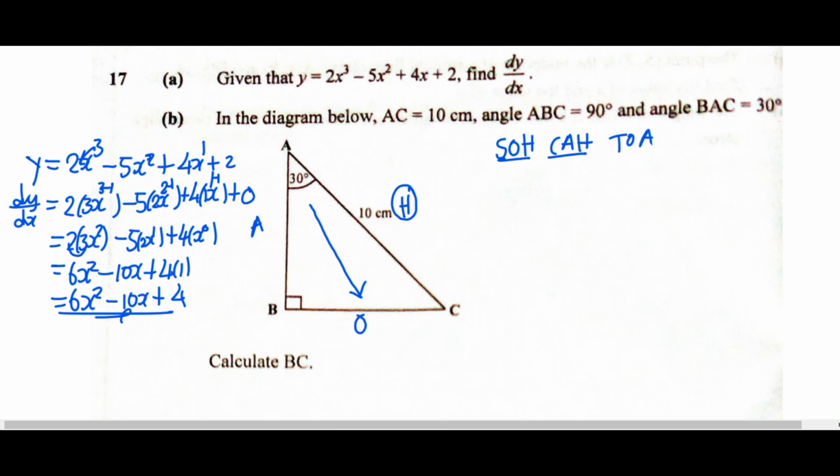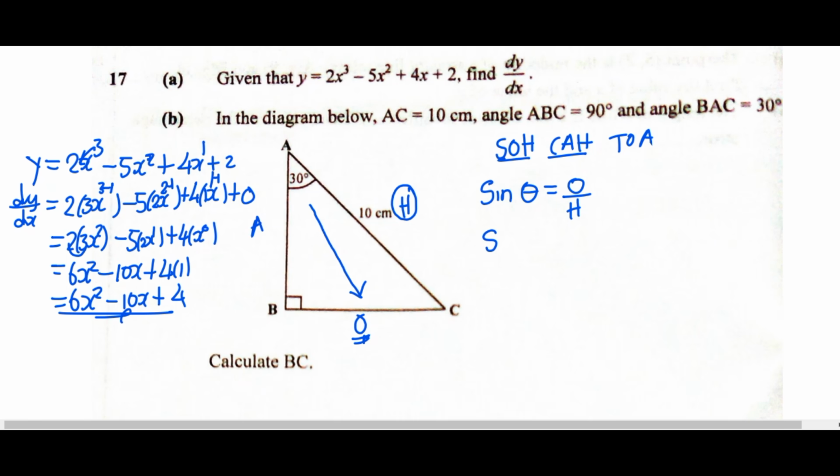TOA cannot be used because there is no h. Then from there, what are we solving for? We are looking for opposite. So we want a trig ratio where there is the hypotenuse and the opposite, which is SOH, which is sine theta is equal to opposite over hypotenuse.